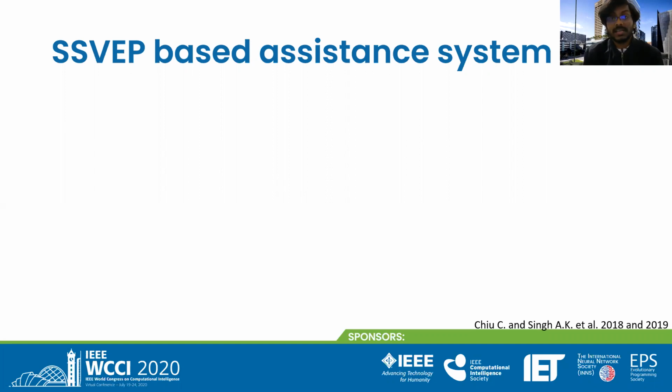For example, they can have food with the help of a robot. They can watch certain entertainment programs or have entertainment. They can even call their family member, that kind of functionality. But again, this is just a command issued from SSVEP, and you can extend it to a different variety of possibilities.